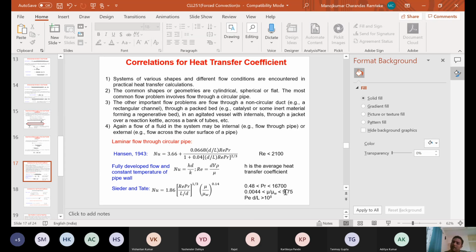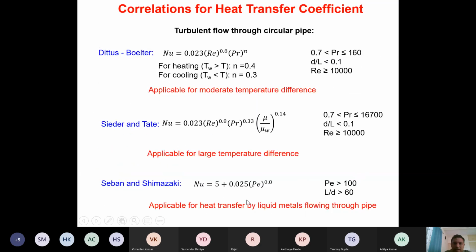These are the conditions which one has to check when interested in applying the second correlation given by Sieder and Tate. Okay, so let us move to the next slide.